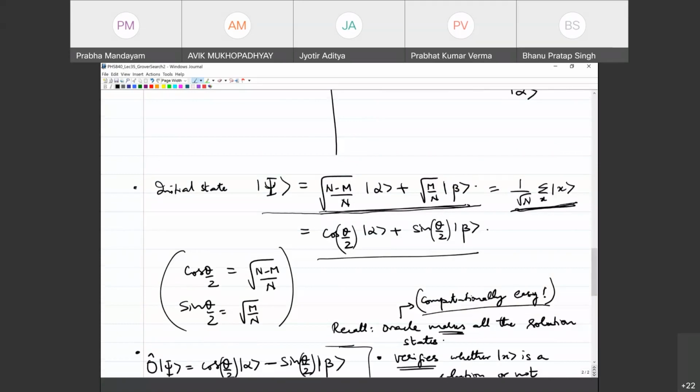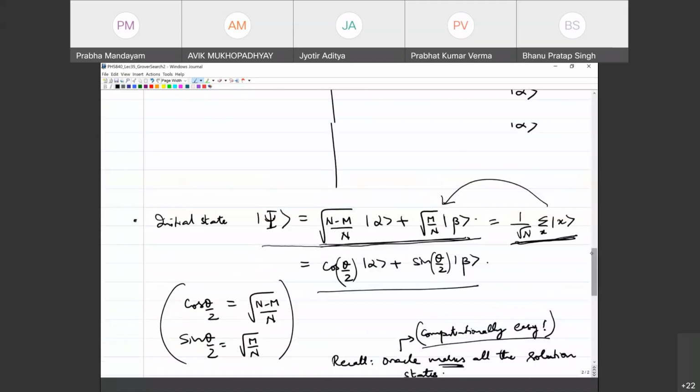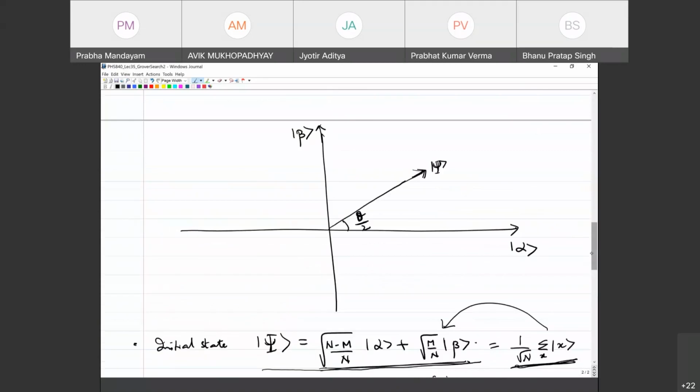For the theoretical analysis, we note that this uniform superposition can be written as this linear combination, and that gives us this picture that there must be some angle theta by 2 that the psi makes with the non-solution axis. There is some other angle pi by 2 minus theta by 2 which it makes with the solution axis. And the goal of this algorithm is to somehow rotate this state closer to the solution axis with every iteration. Every query to the oracle must somehow rotate it closer.